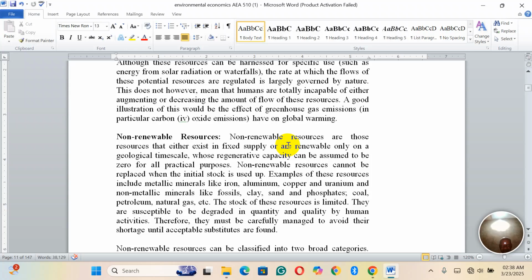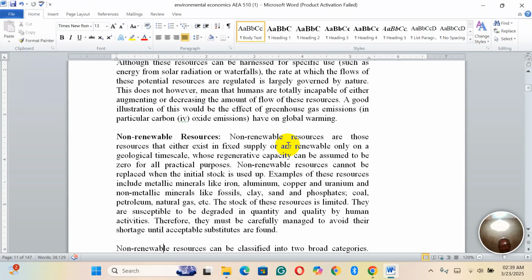Non-renewable resources cannot be replaced when the initial stock is used up. Examples include metallic minerals like iron, aluminium, copper, and uranium, and non-metallic minerals like clay, sand, and phosphate, then coal, petroleum, natural gas, and so on.